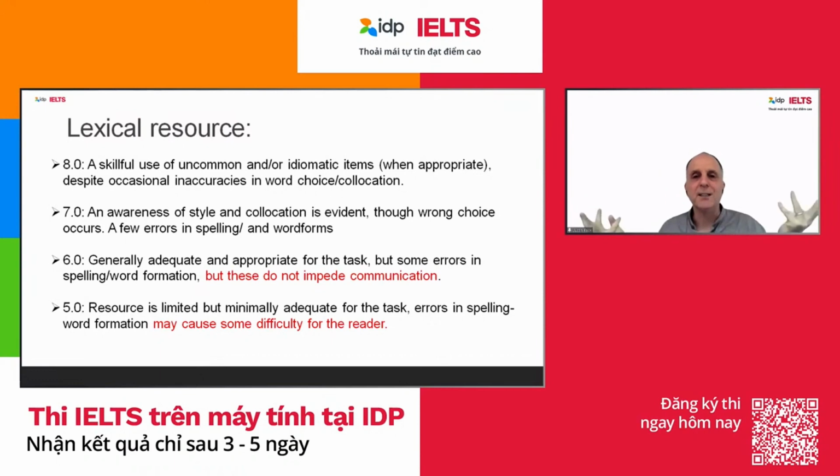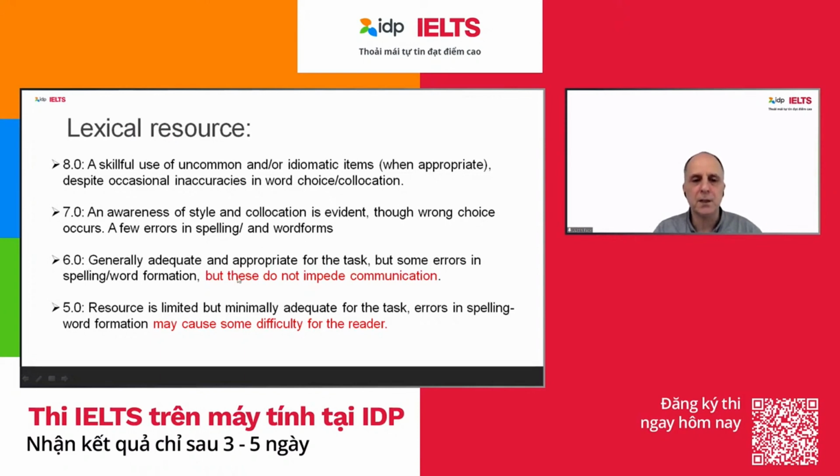We shouldn't use that even in speaking. So we've got to be a little bit careful about our word choice and collocations. So awareness of style, that's the key part on this. Remember, it's a kind of formal style, and collocation is evident. Some slips as well.